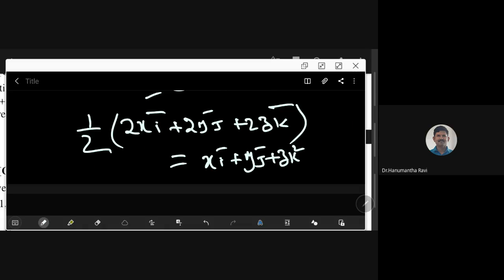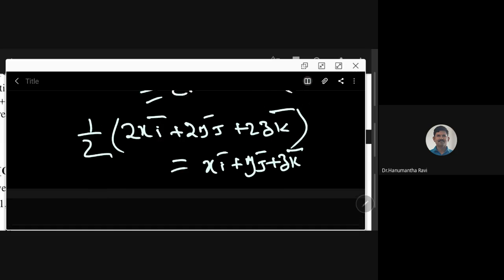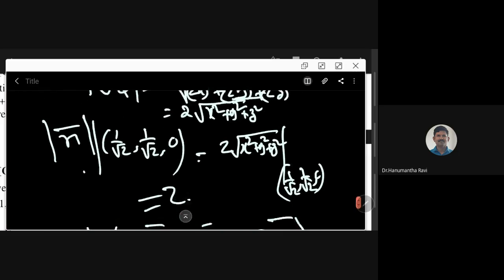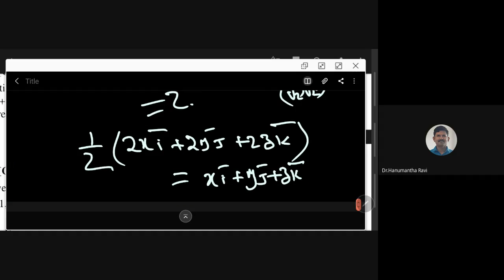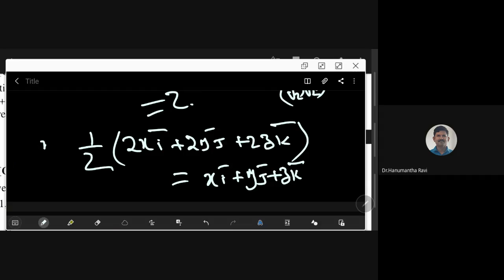Now this normal vector at 1 by root 2, 1 by root 2, 0 is our n bar, the unit normal vector.